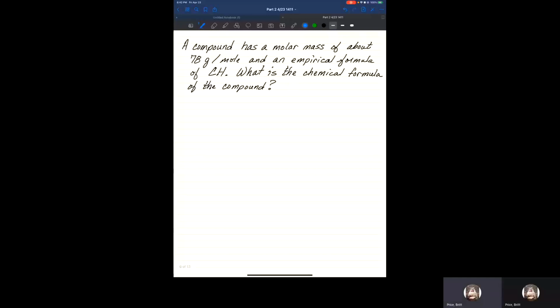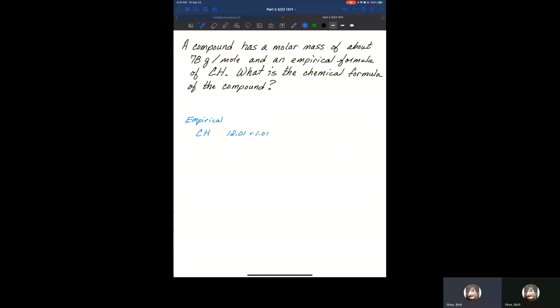Let's see, I know I can find the empirical mass. I have my empirical formula, so I know my empirical information. I have CH. I know that carbon is 12.01, and I know that hydrogen is 1.01.